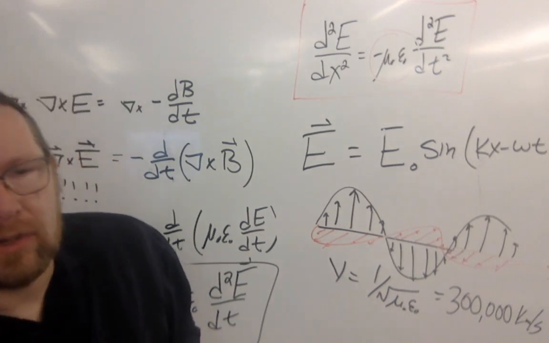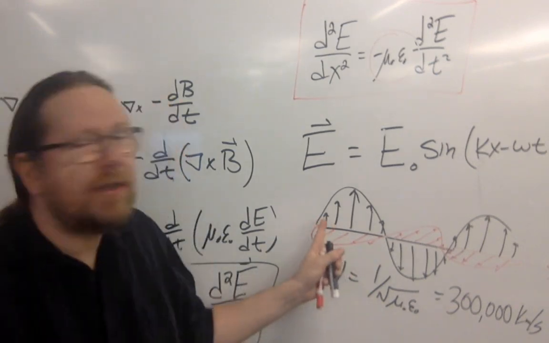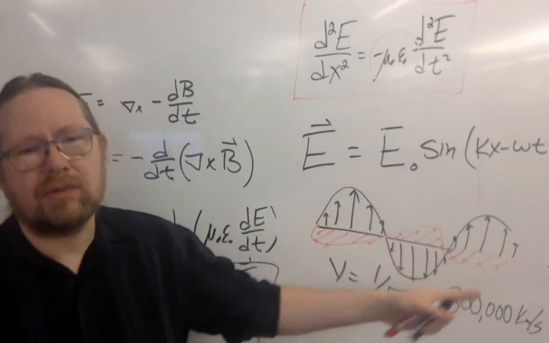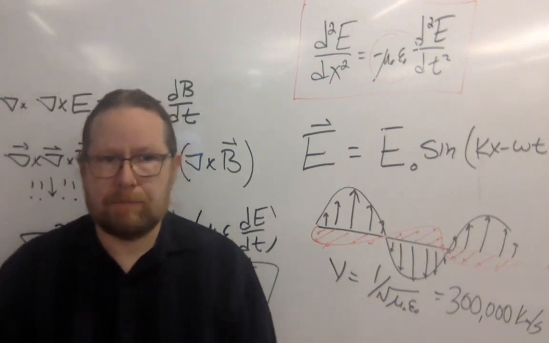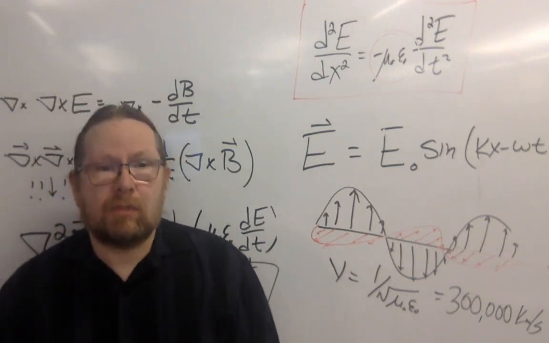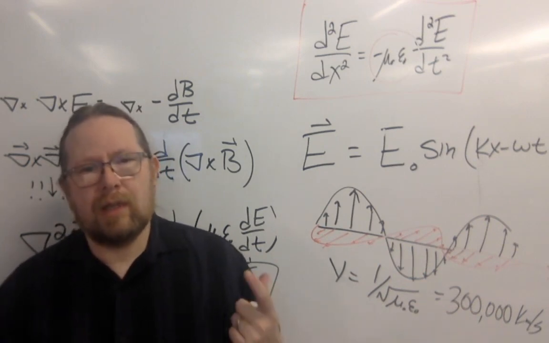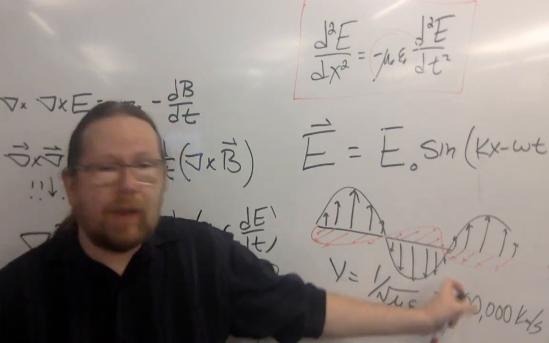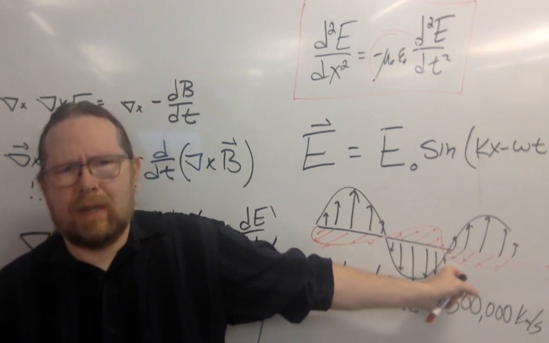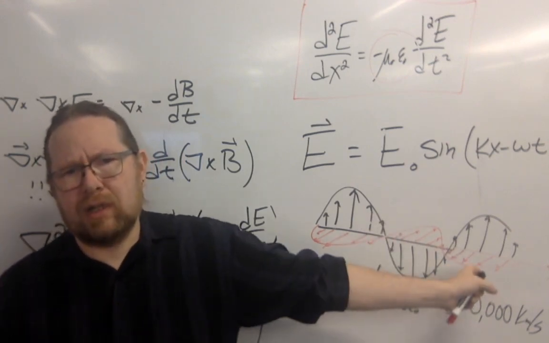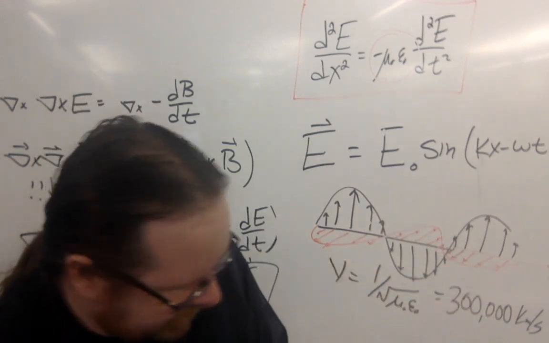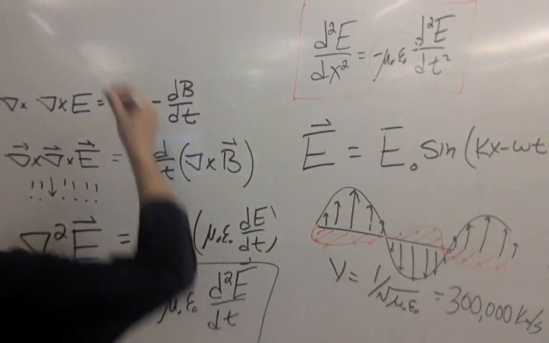So Maxwell recognized that the speed of propagation of this wave of electricity and magnetism was the speed of light. It is a very small logical leap to go from there to the result that what this electromagnetic wave is, this wave of electricity and magnetism, is light.